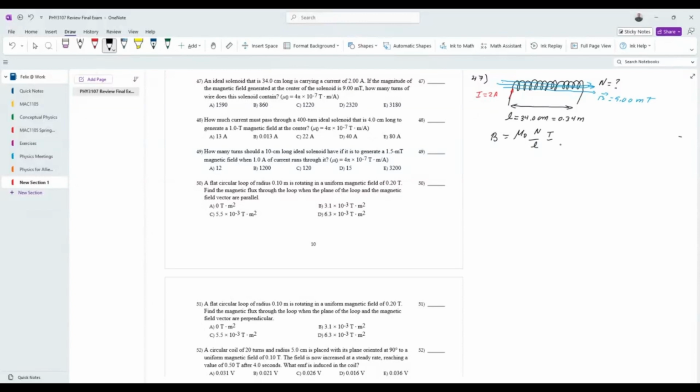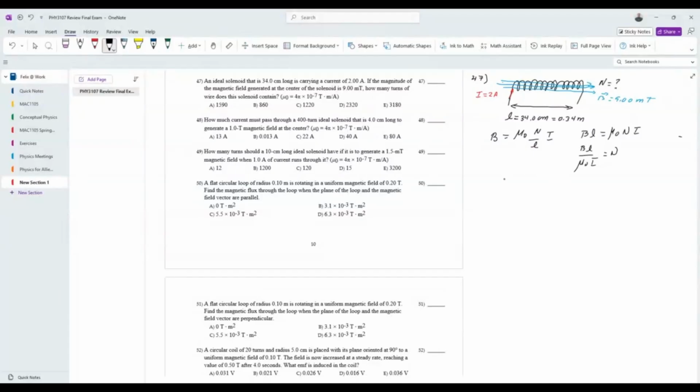So if we solve for n, we get that B times length, the strength of the field times the length, is mu sub 0 times the number of turns times the current. Solving for the number of turns, BL over mu sub 0 I is equal to the number of turns.